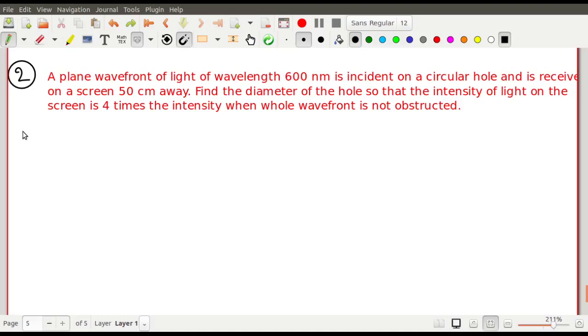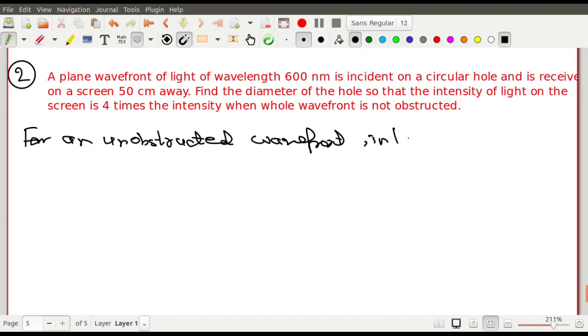So here I am writing: for an unobstructed wavefront, intensity at P is equal to a1 square by 4, right?